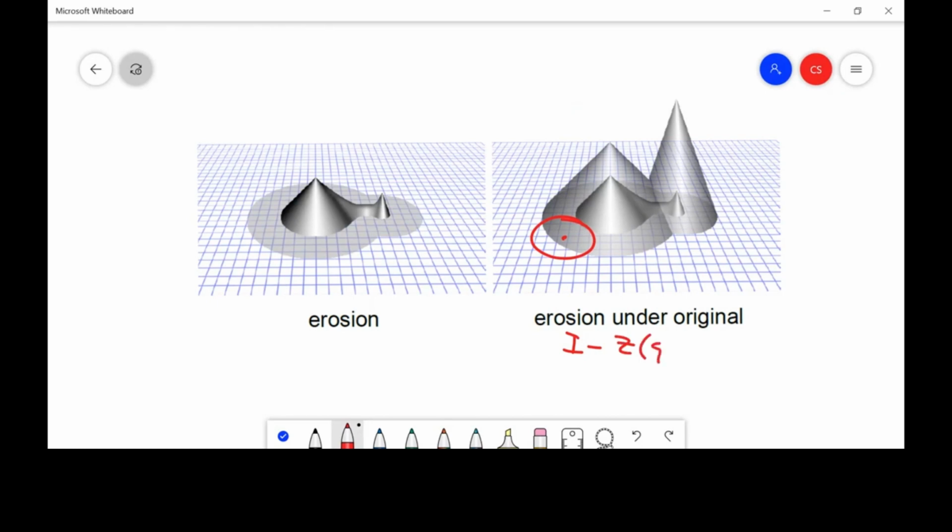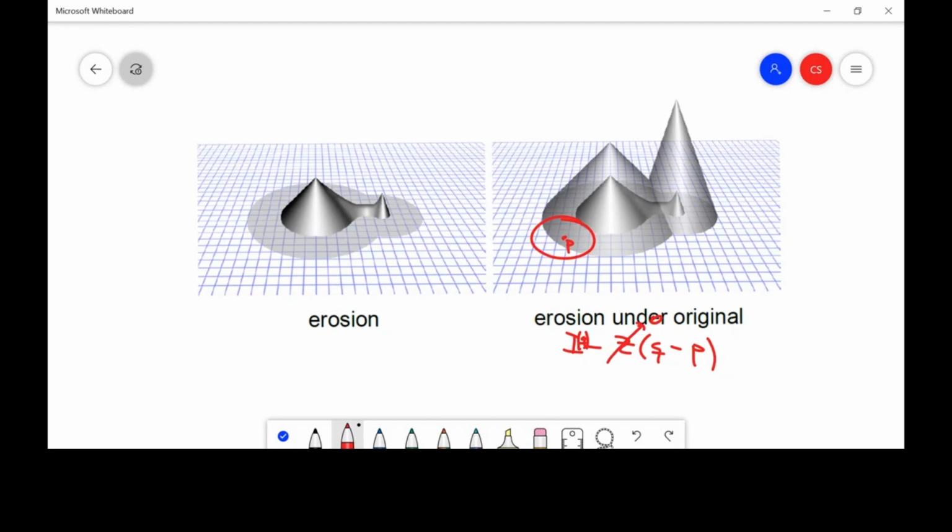So this is Q, and this is I of Q. You have to shift your kernel to P. This is the point P. Then you evaluate all the points coming from this, so I minus Z. Z is 0, actually.